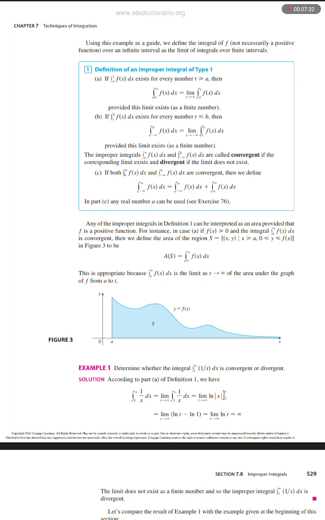In part C, any real number a can be used. See exercise 76. Any of the improper integrals in definition 1 can be interpreted as an area provided that f is a positive function.